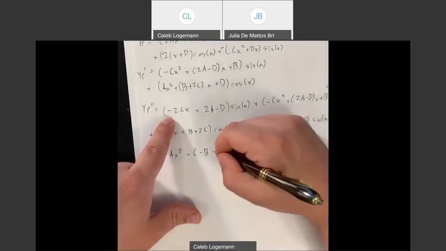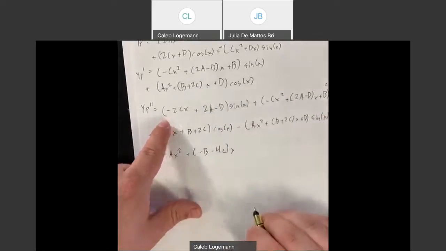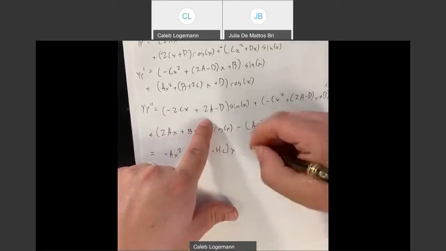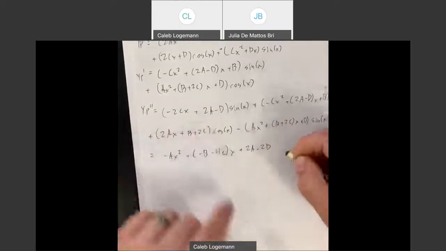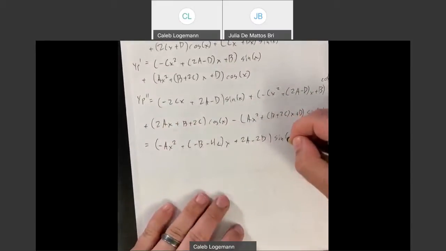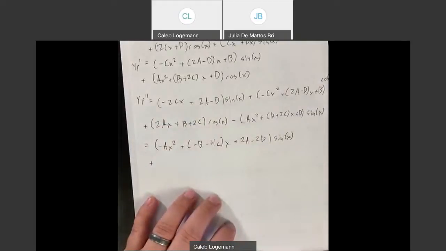So that'll be minus 4c times x. And then we have 2a minus d, and then we have another minus d, so plus 2a minus 2d, all that times sine of x, plus the cosine terms.